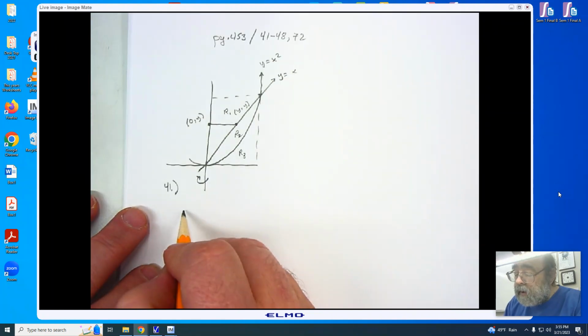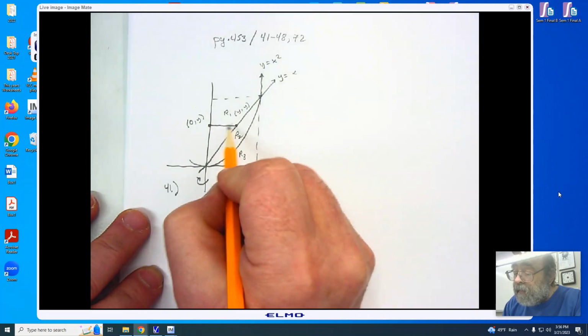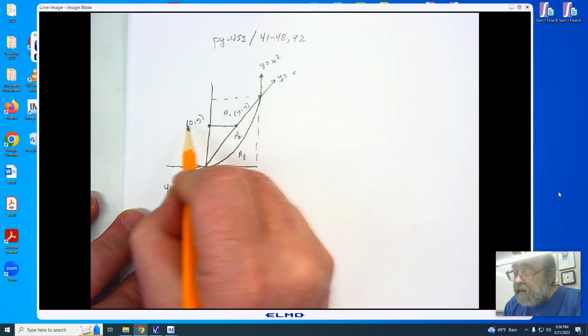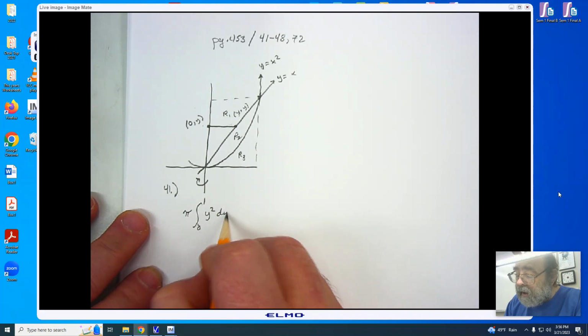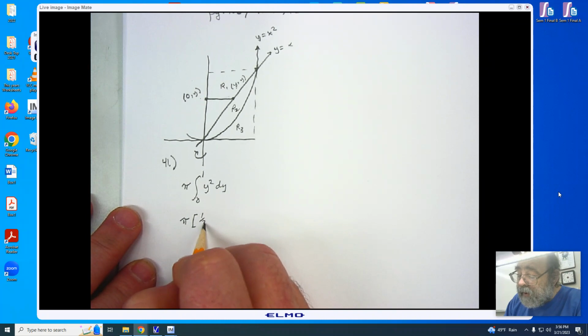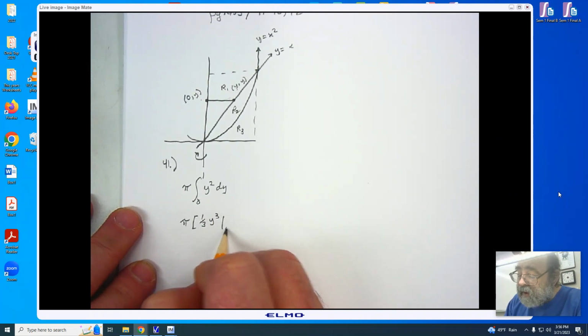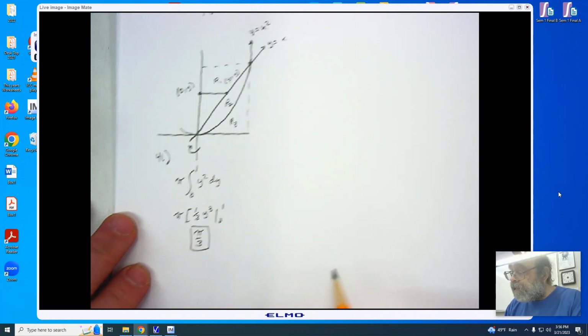So here we go. Pi integration 0 to 1 of my upper minus my lower, that's y minus 0, the quantity squared, which will be y squared dy. I end up integrating, and that's going to give me 1/3 y cubed from 0 to 1, and when I plug in 1, I end up with pi over 3 as my solution.